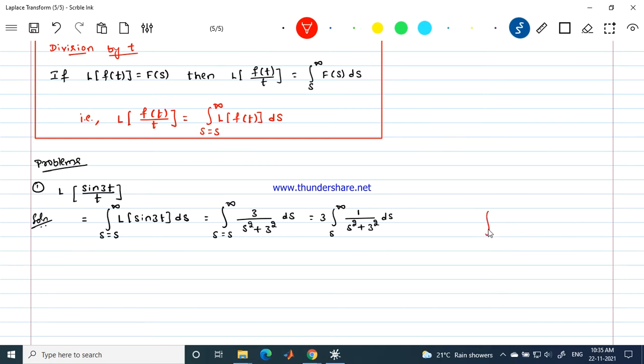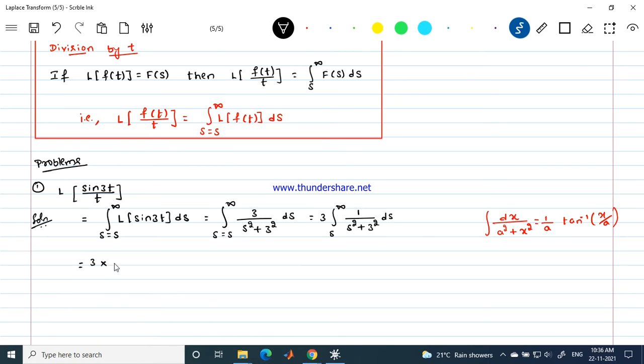We have the integration of dx upon a square plus x square is 1 by a tan inverse of x by a. Using this, it becomes 3 times 1 by a.